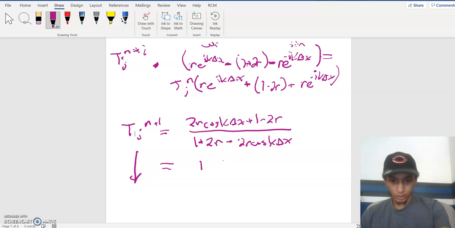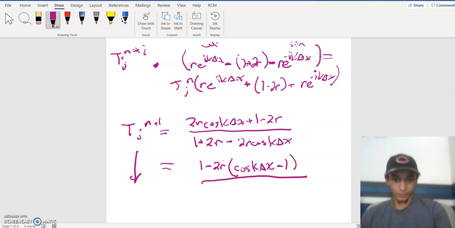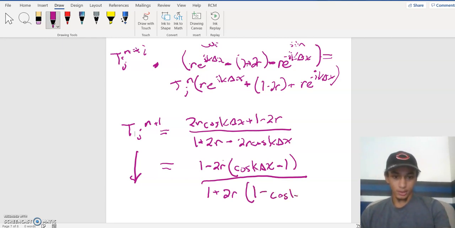Get 1 minus 2r cosine K delta x minus 1 on the top. From the bottom, you're going to get 1 plus 2r, and this is going to be 1 minus cosine K delta x.